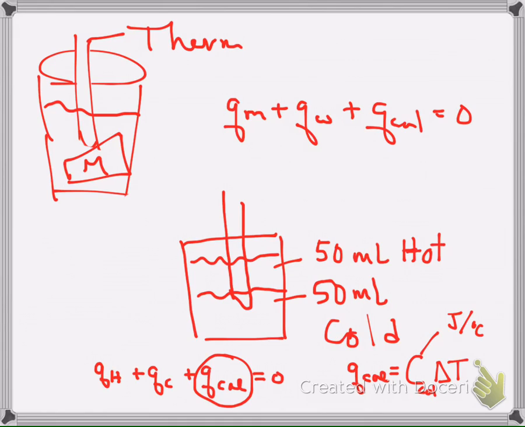Now, the calorimeter had the cold water in it when it started that warmed up. So the change in temperature for the calorimeter is the same as the cold water. I'm just going to put the subscript here. The C here is the change in temperature for cold water.